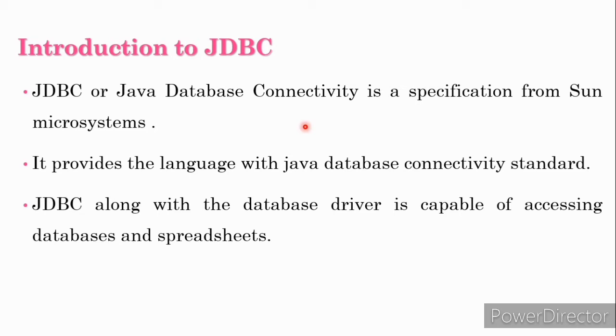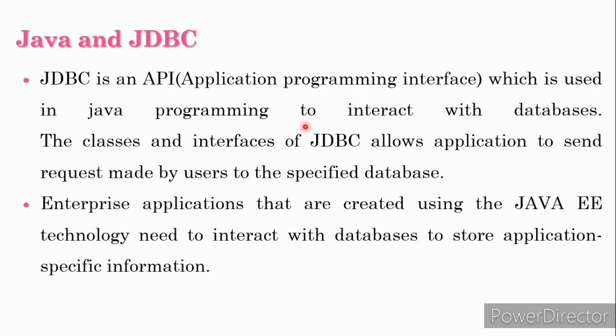Okay. Next, we will see what Java and JDBC are, and how they are interrelated. JDBC is an API, that is, application programming interface, which is used in Java programming to interact with the databases.